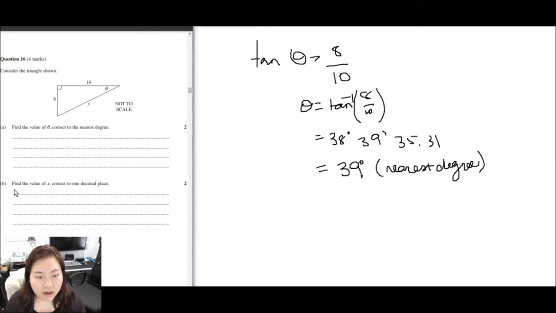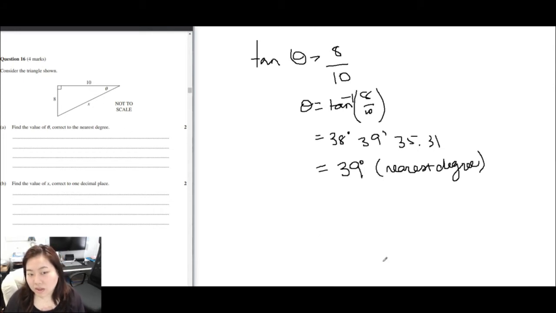B, find the value of x correct to 1 decimal place. There's two ways you can do this. Since it's a right angle triangle, we could just use Pythagoras theorem, or you can use that angle that we just found and use either sine or cos to find x.